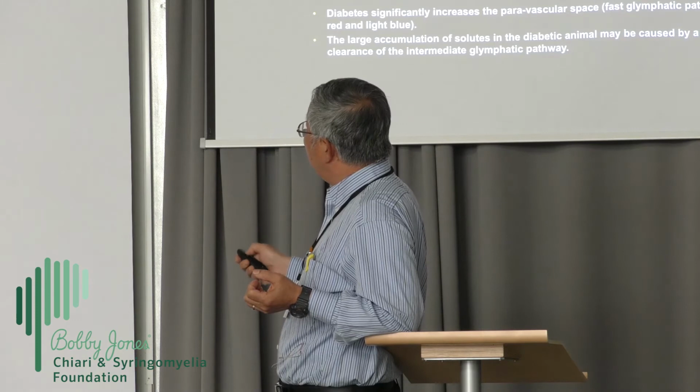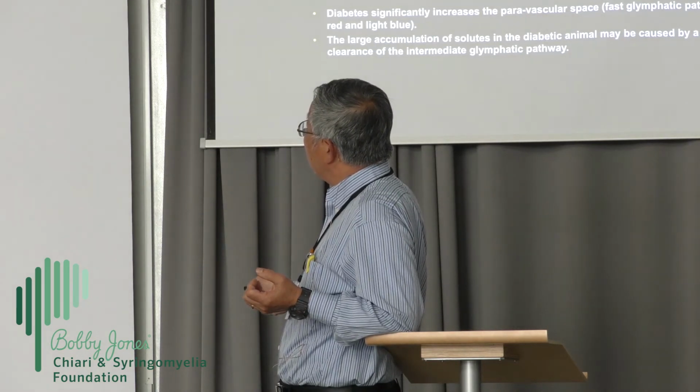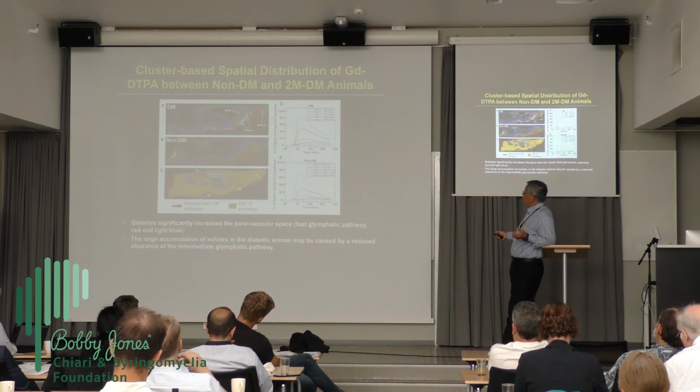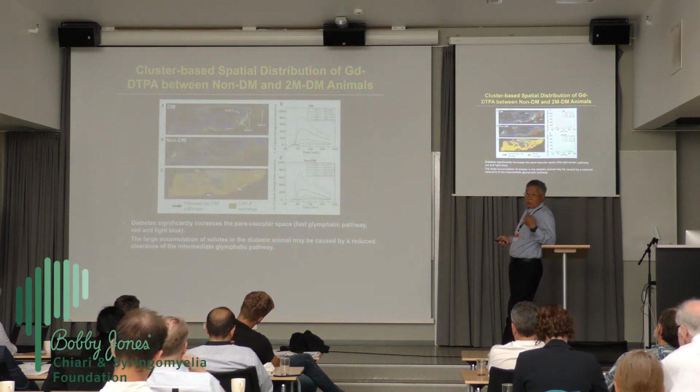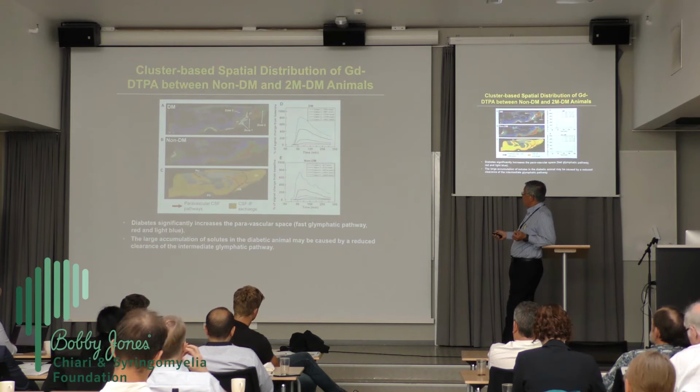The middle one, the green one, increases a little bit slowly and decreases also a little bit slowly. We call this kind of pixel the intermediate glymphatic pathway. And the dark blue has a very slow increase and very slow clearance. We call this the slow glymphatic pathway.